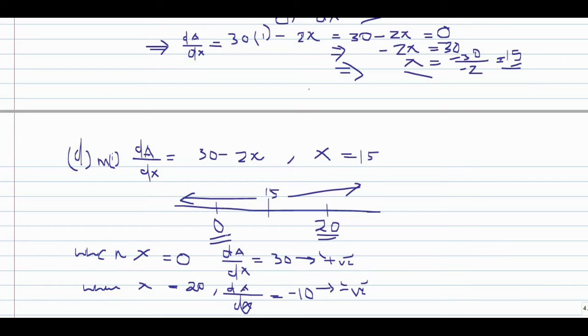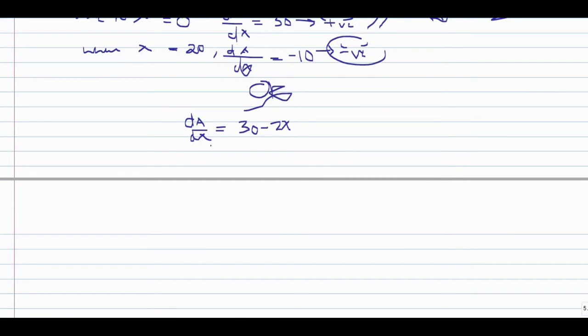So 0 gives us a positive result, 15 is 0, and 20 is a negative result. So the graph will be like this, increasing, stationary and decreasing. That makes the stationary point a maximum.